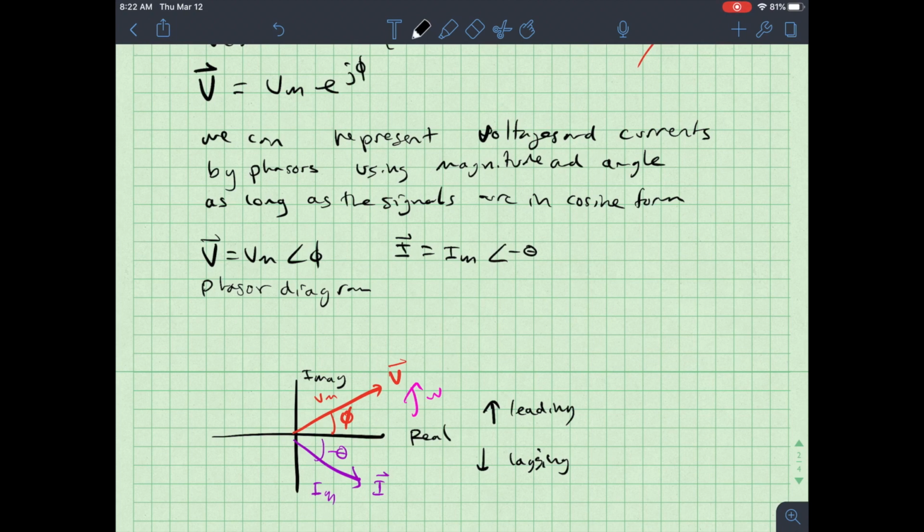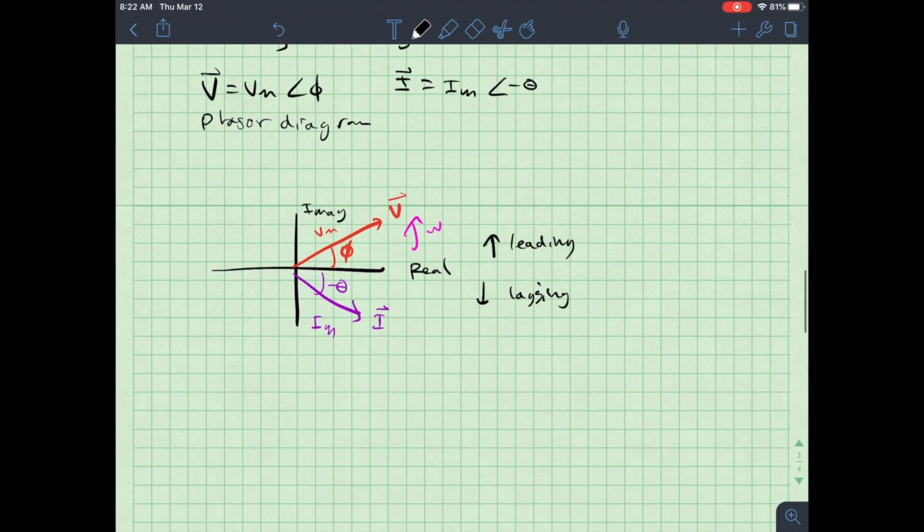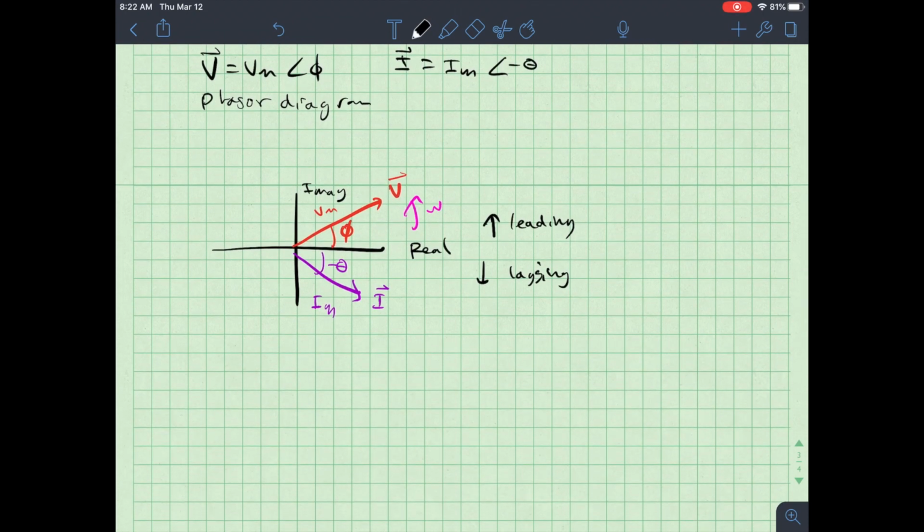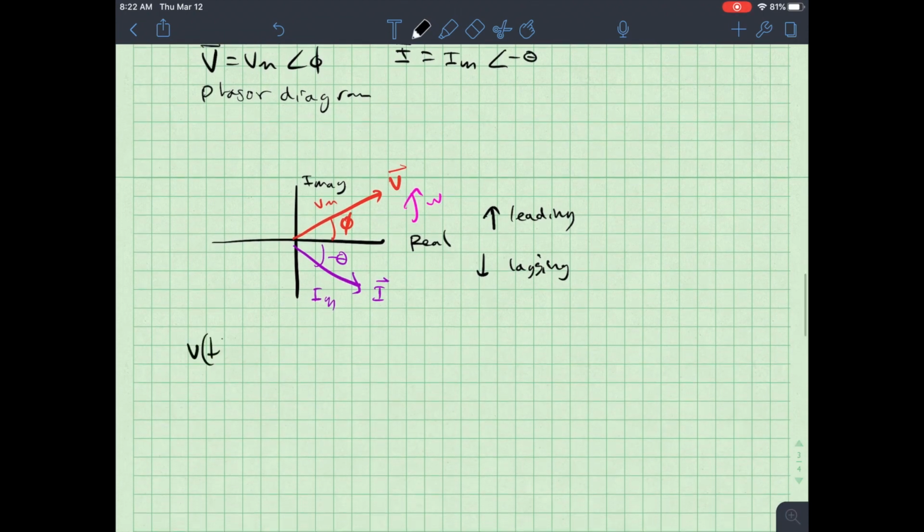So let's distinguish some important things here. First thing to notice is that v of t, which is equal to Vm cosine omega t plus phi, is something that exists in the time domain.